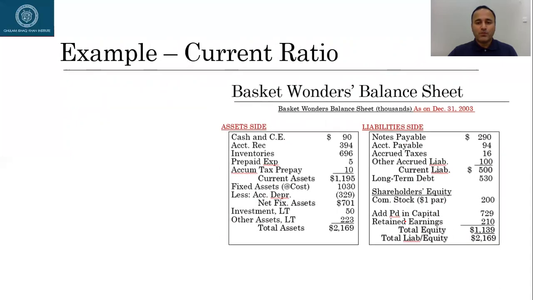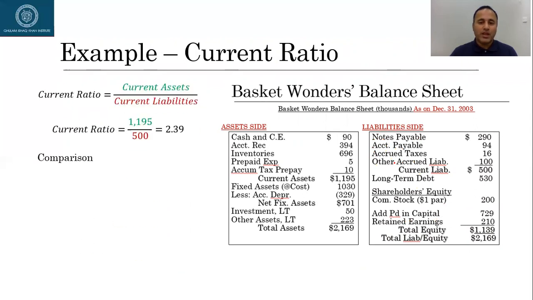Example. I'm working with the exact balance sheet that I talked about earlier, Basket Funders. We can get the current ratio by dividing current assets by current liabilities.